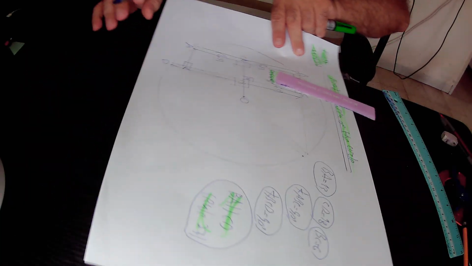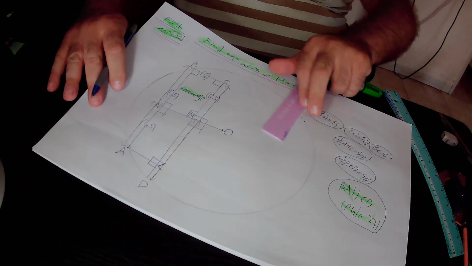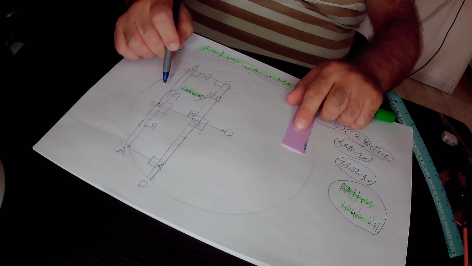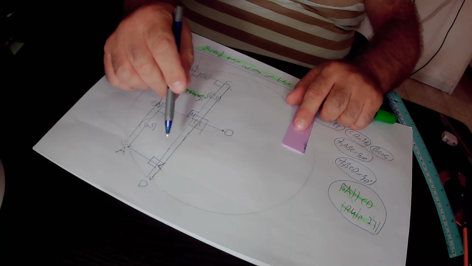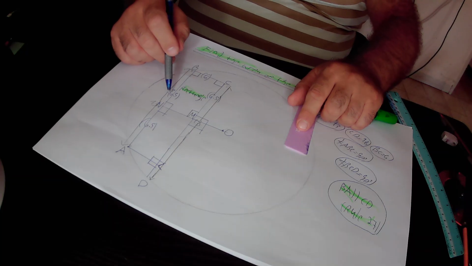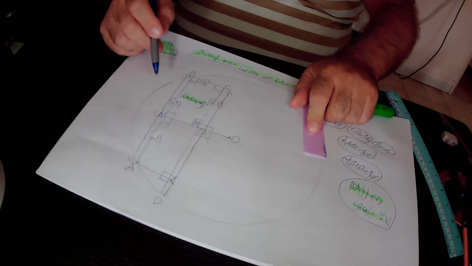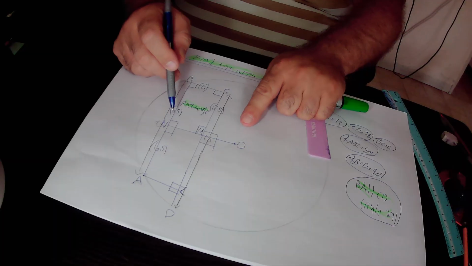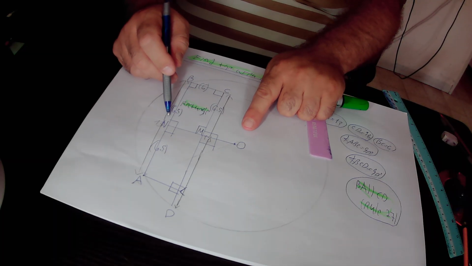In the next step, we will focus on the lower quadrilateral NMLA. In the lower quadrilateral NMLA, we have here perpendicular ON.